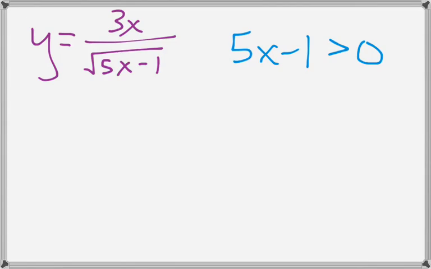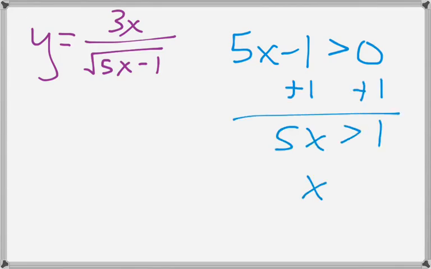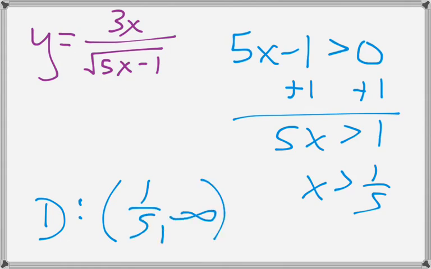And of course, we don't want 5x minus 1 to be negative because a square root of a negative number is non-real. So the only option here is for 5x minus 1 to be greater than 0. So we can just solve this inequality. And it turns out x must be greater than 1/5. So that would be the domain.